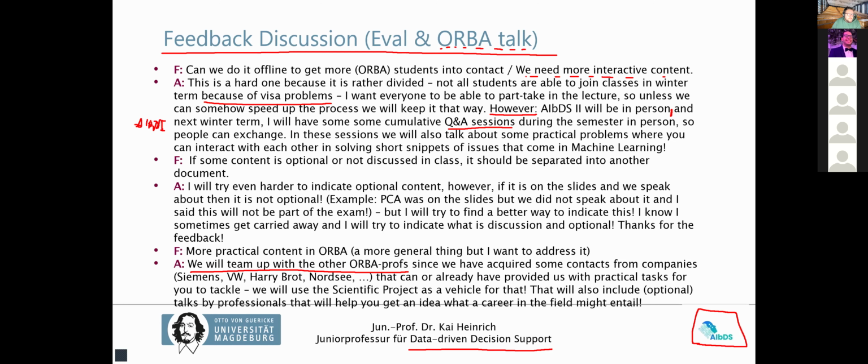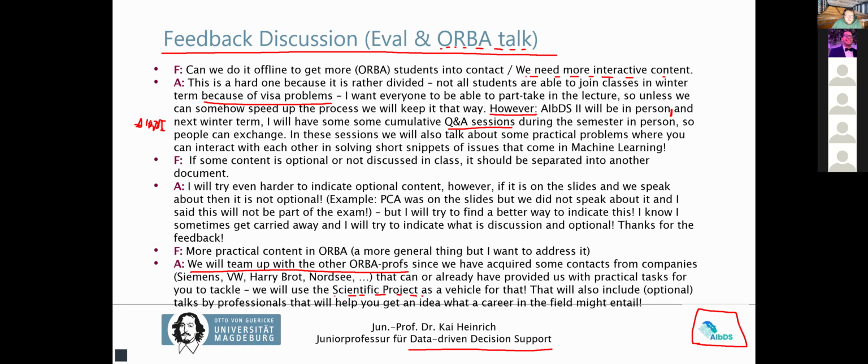The companies include Siemens, VW, Harry Prod, Nordsee, and so on. So these are pretty reputable companies that all have data sets for us. Once you go into the scientific project, after the next semester, you will probably have one or two of these tasks on your menu. So this concerns you, and I hope this will help.